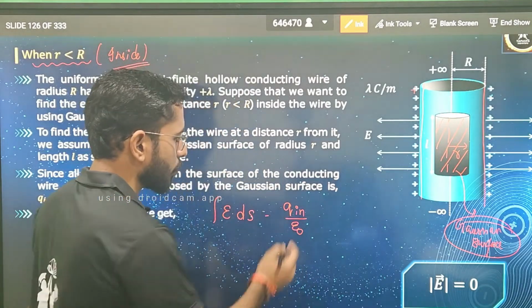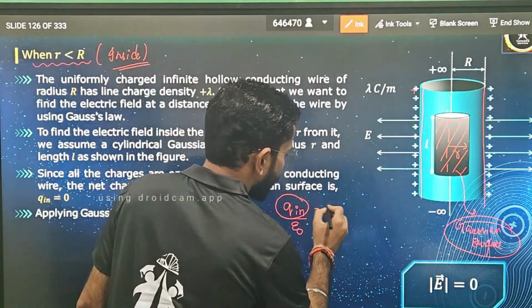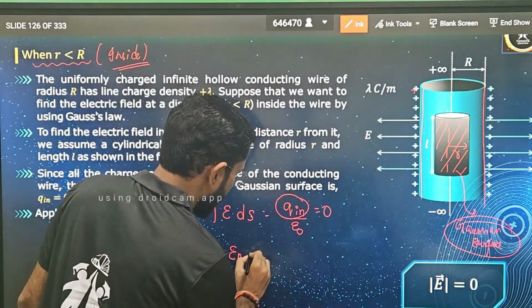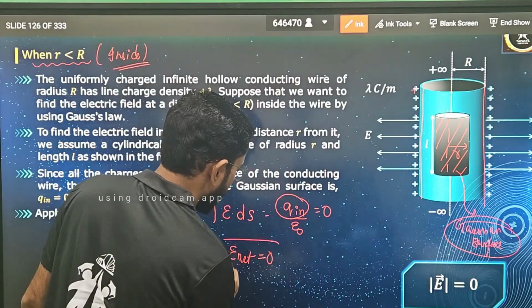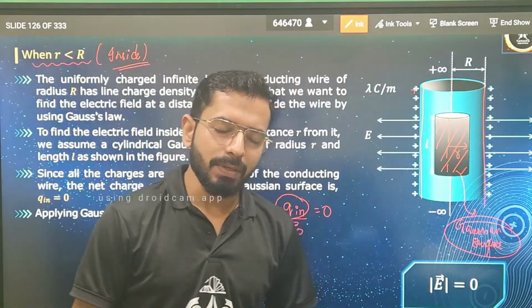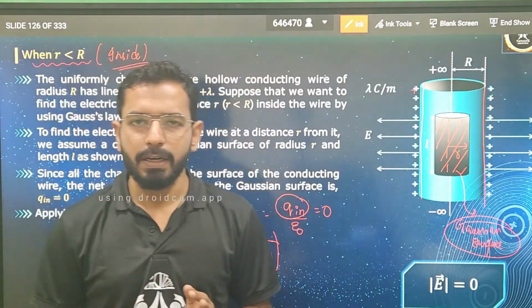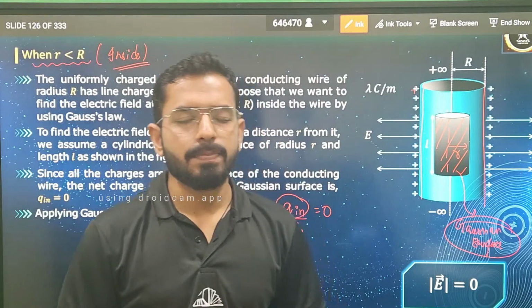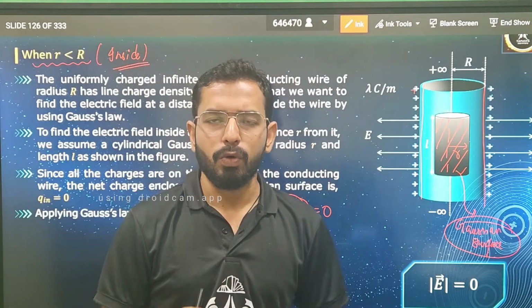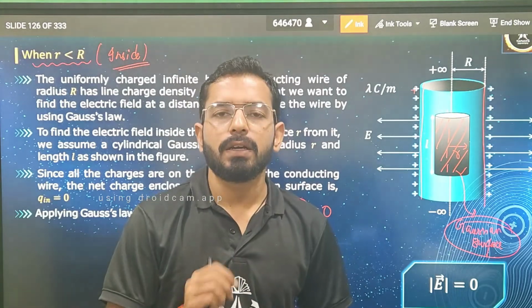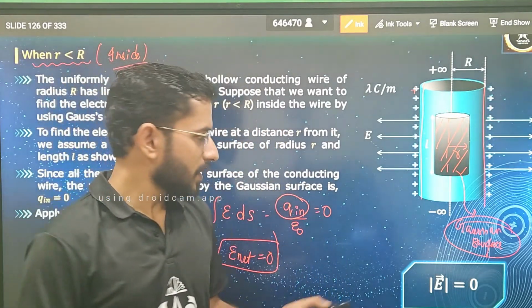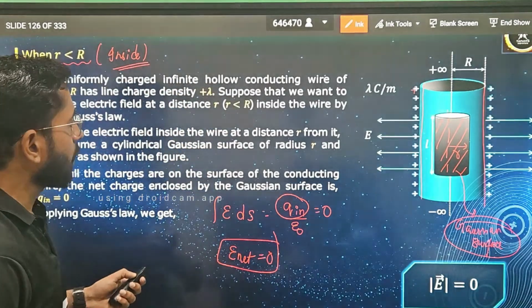That means Qin is nothing but 0. And if it is 0, the net electric field at an inside point will be 0, simply. In the last class I repeated it a lot of times that it is mandatory for the charge to be present inside the Gaussian surface. Outside, however much charge you put doesn't matter, it will not contribute to the flux. That means there will be no electric field.